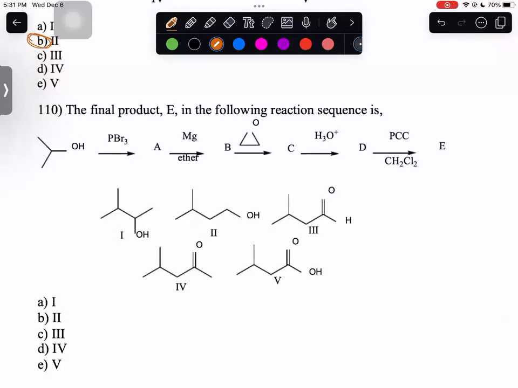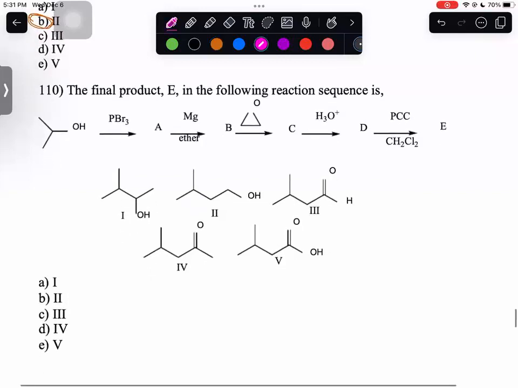Multi-step synthesis. Which ones can you eliminate?